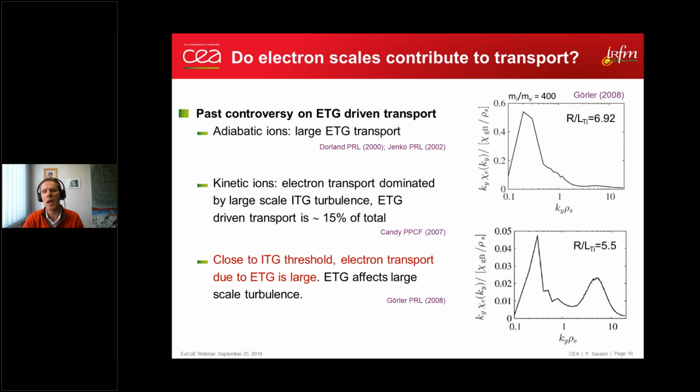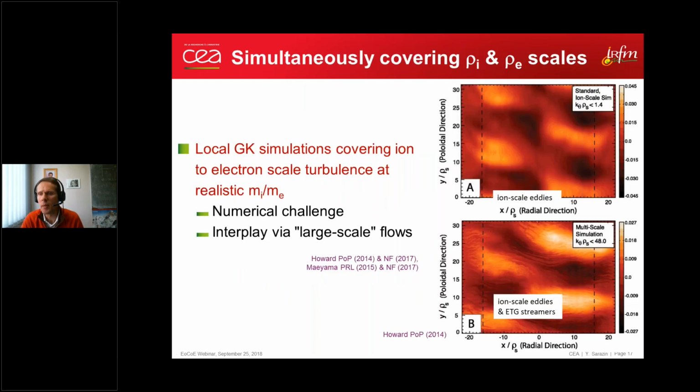And actually this interplay becomes really important close to the ITG threshold, where the ITG drive becomes small and the magnitude becomes small. So a further simulation was performed recently, and this time with the electron and ion scales treated really at the right mass ratio.